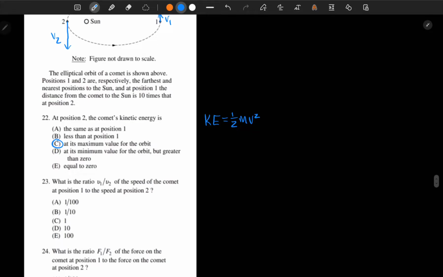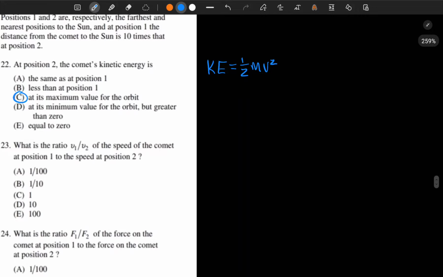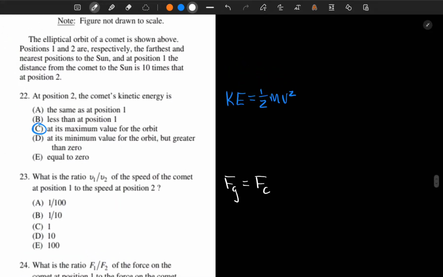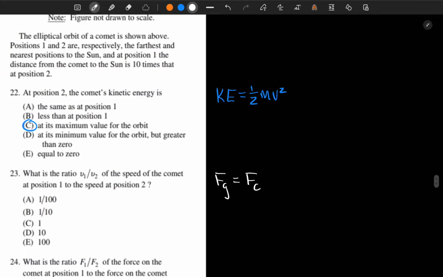We next wish to find what is the ratio v1 over v2 of the speed of the comet at position 1 to the speed at position 2. Well, here we know that the gravitational force is exactly equal to the centripetal force, because this is the only force acting on the comet. And since it's moving in a roughly circular orbit, we assume that it's roughly circular.